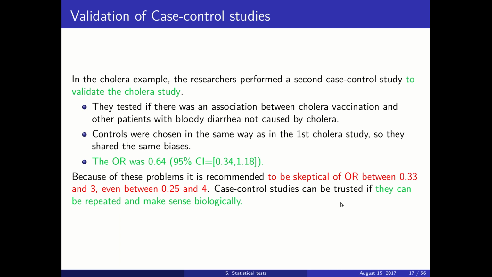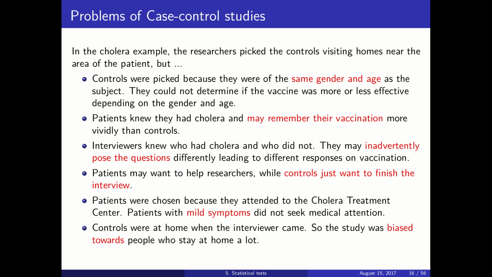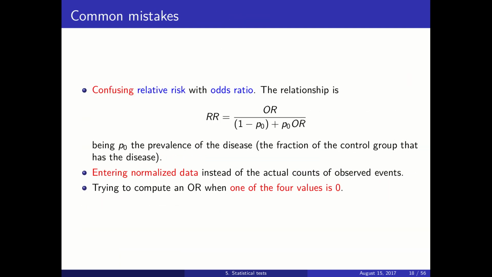And case control studies can be trusted if they can be repeated and they make biological sense. Otherwise, all these biases that we saw here may be affecting your calculation of the odds ratio.